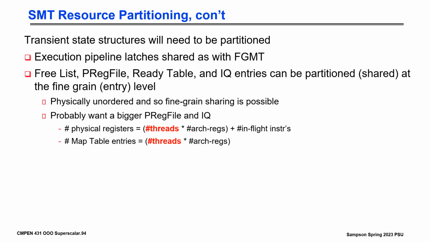What's the key way to understand where the slowdown is going to come from? All right, so in FGMT, I am time slicing your access to resources. Am I doing that here? Not really. I'm time slicing a bit on the fetch side, right?